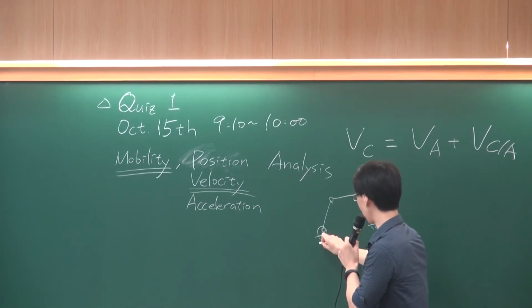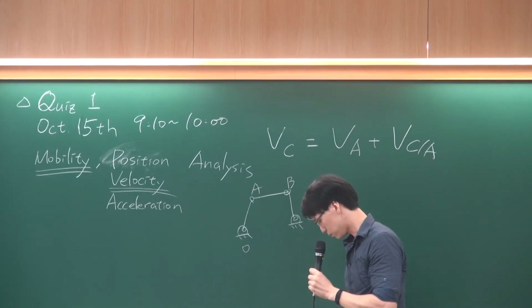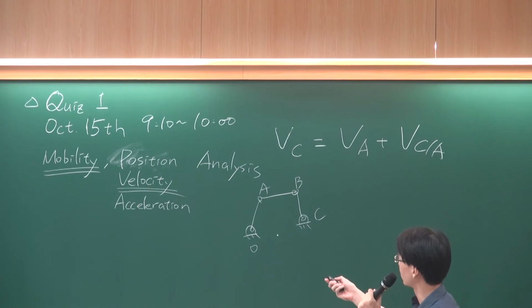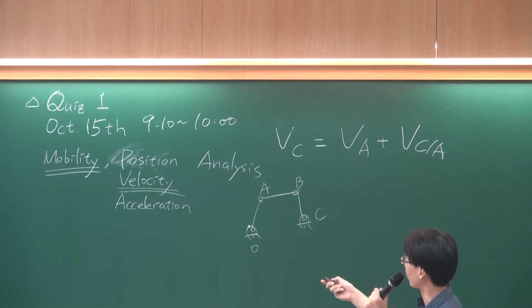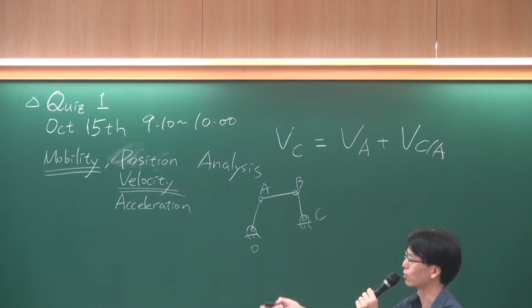If I say this O, A, B, C, in this case all the lengths of the links are fixed. So OC, CB, AB, or OA, all the lengths are fixed. But in this one, the situation is a bit different. OA is fixed, AB is fixed, but OB is not fixed.